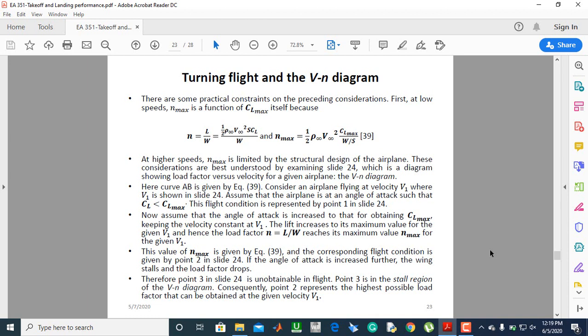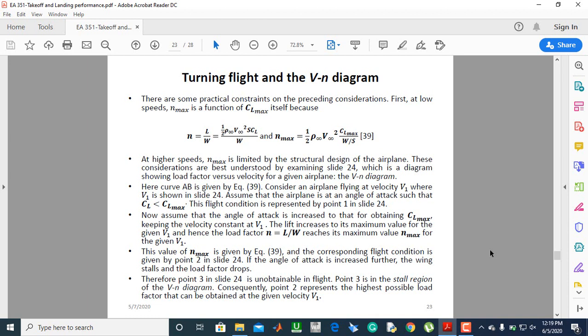Assume that the angle of attack is increased to that for obtaining the maximum lift coefficient, keeping the velocity constant at v1. The lift increases to its maximum value for the given velocity v1, and hence the load factor n equal to L over W reaches its maximum value n max for a given v1.